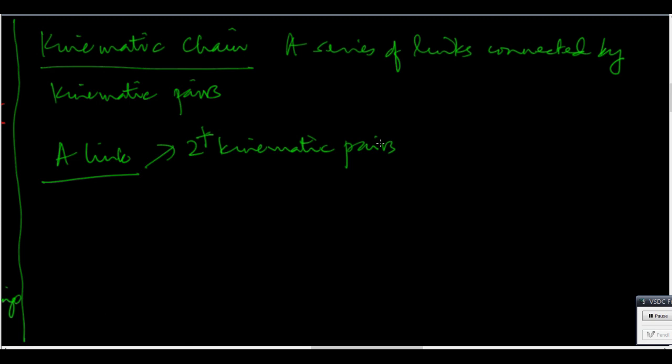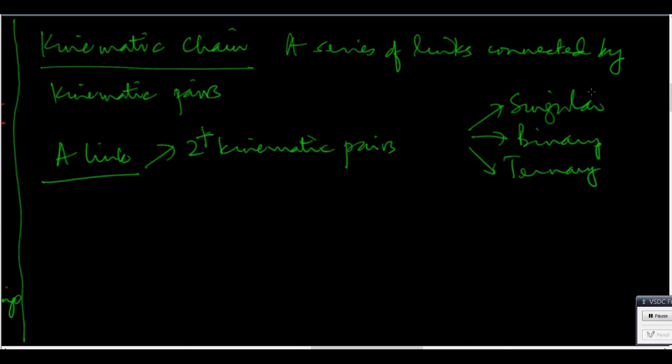Okay, a link that is connected to only one other link is a singular link. If it is connected to two other links, then it is a binary link, ternary link for three. These are things you will read in the book.